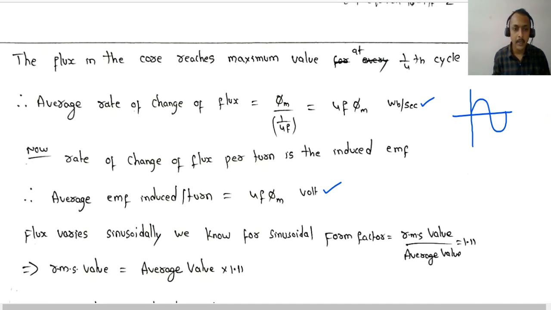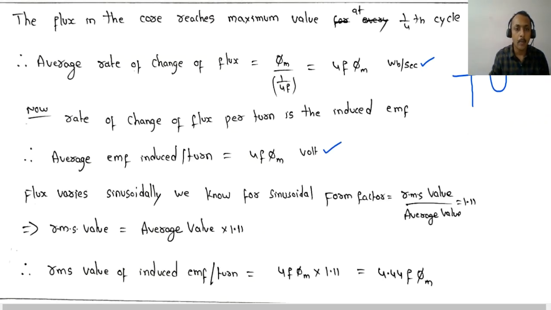Now if somebody asks you what is its RMS value, it is simply the average value into 1.11, because we are interested in finding the RMS value of the induced EMF. Moreover, observe this is the induced EMF per turn, not for the entire turns.